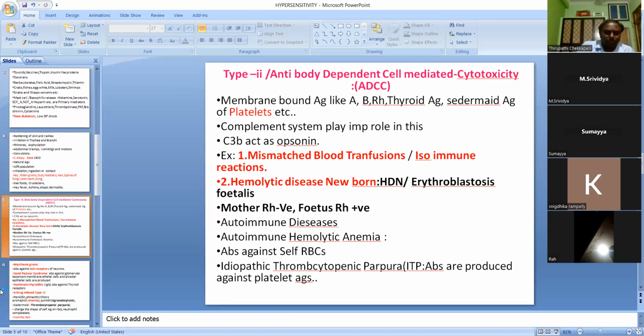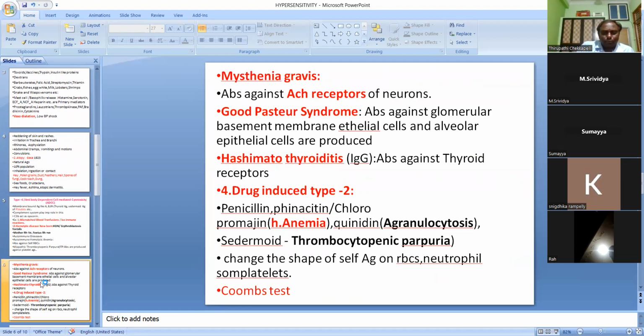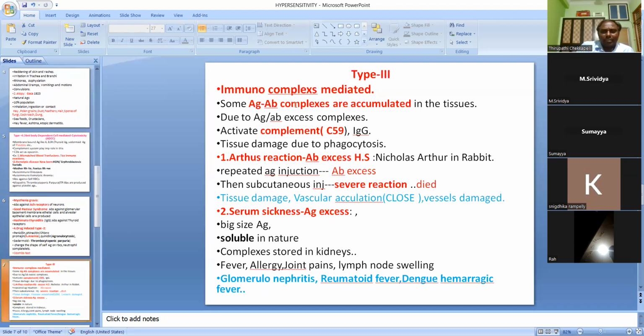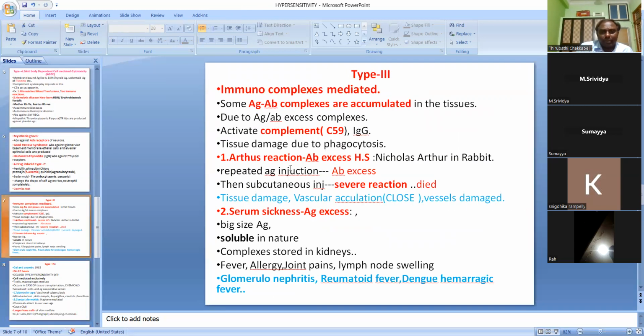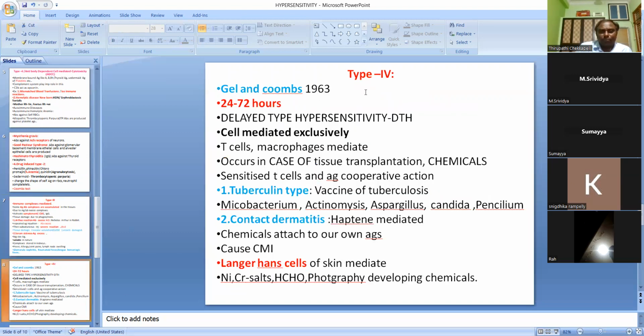These examples you should remember for type 2. Then type 3 is immune complex mediated hypersensitivity, with Arthus reaction and serum sickness, antibody excess, antigen excess. That's good to score. Then type 4 is delayed type of hypersensitivity, DTH.